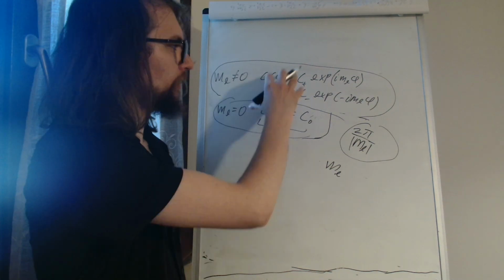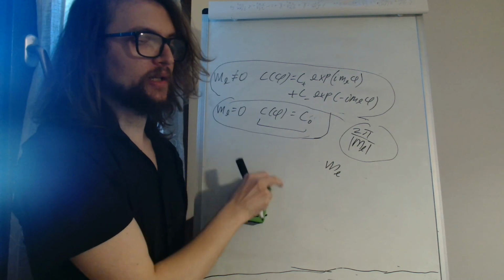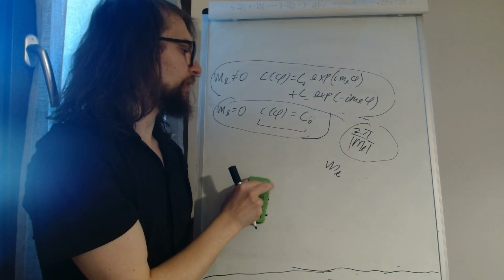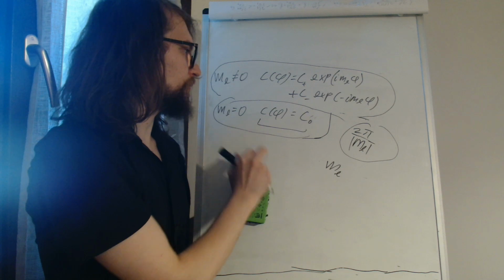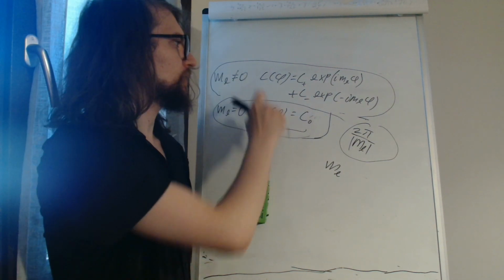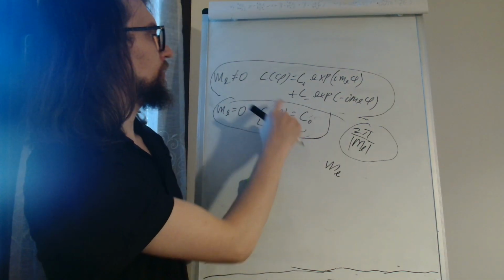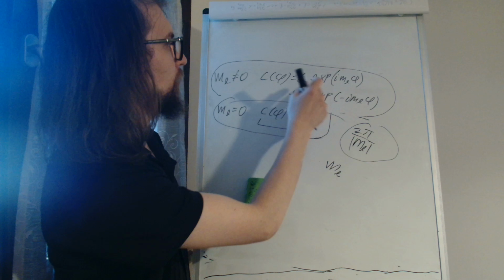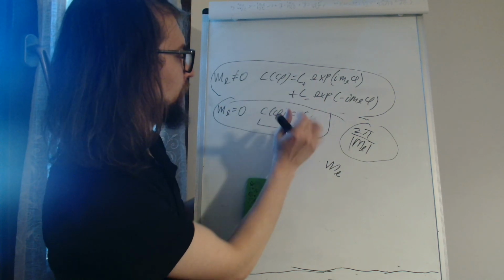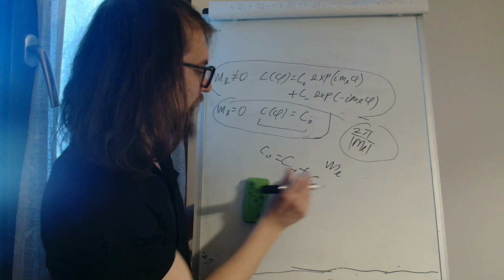So now we have these two equations, this for ml equals 0 and this for ml different from 0, but we see that if ml equals 0, this case is actually contained in this case, in which case if ml equals 0, the constant C0 will be simply C plus plus C minus.